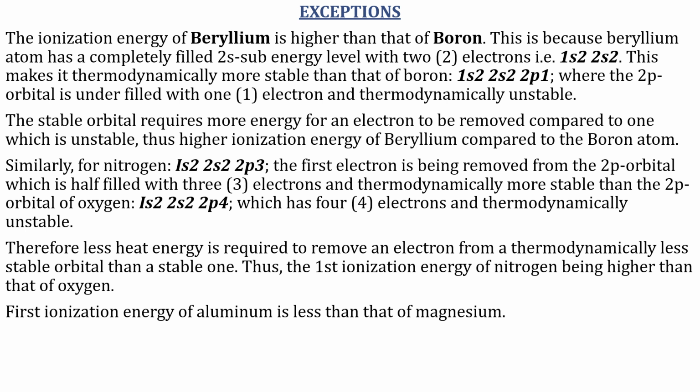Exceptions in chemistry of elements among periodicity, the explanation lies in their electronic configurations. You'll find that some elements will have a completely filled outermost energy level, whereas others are going to have a half filled energy level. And we are going to say that such elements are going to be thermodynamically stable.